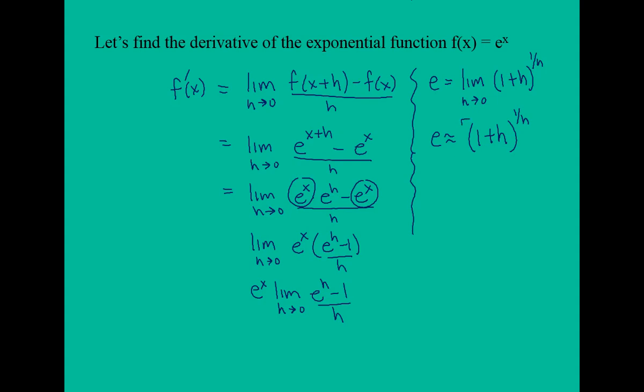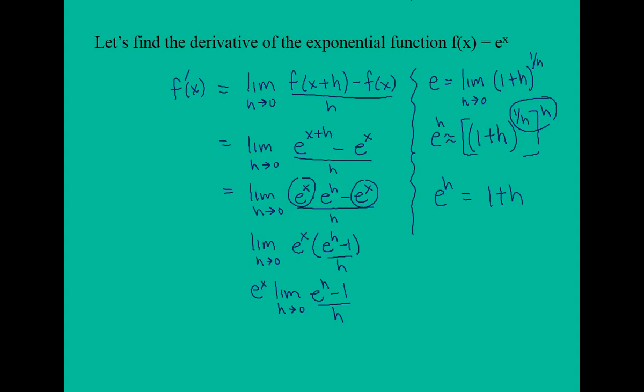So if I looked at raising each side to the h power, we would have e to the h equals 1 plus h, because when we multiply these two exponents together, we get h over h, which is just 1.